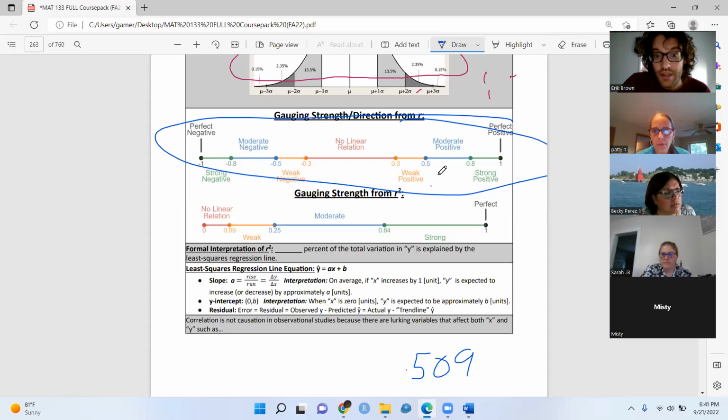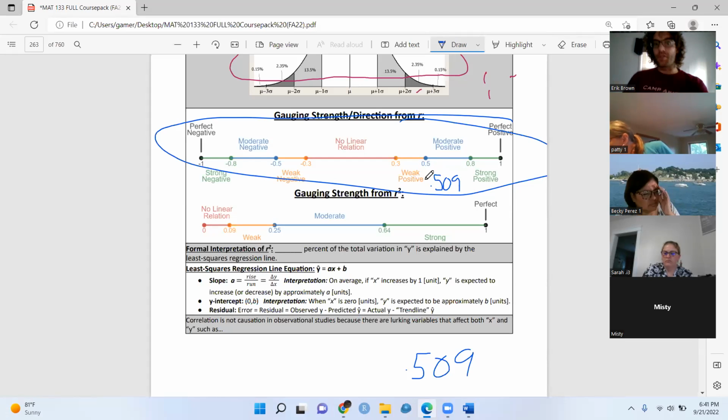Our value is 0.509, and the threshold of moderate is 0.5. Like, that's where it begins. So we're close, right? And that's why it's part of it. This is a rule of thumb. It's like, this is just what we typically do. And how could we have gotten it right by looking at that graph? Like, it's really difficult. So that's why we have this R value.